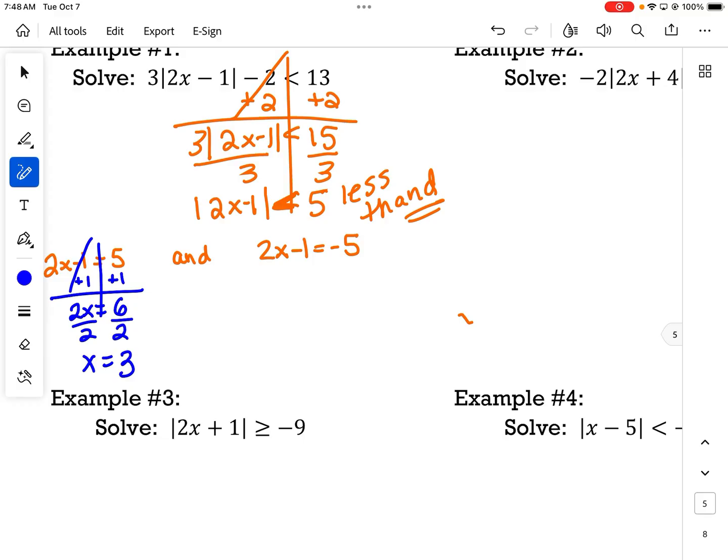Before we put on the number line, we've got to find out what the other number is so we can fit both of them. So I'm going to do plus 1 on both sides. Divide by 2.